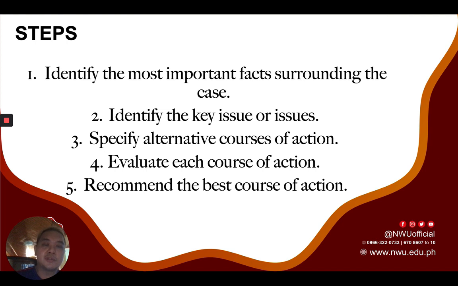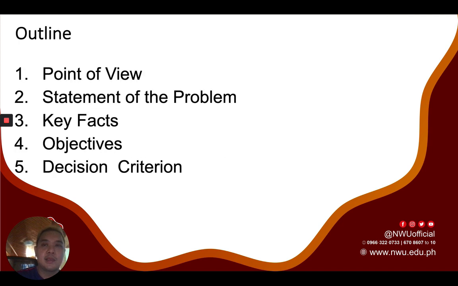Let's now go to the different parts of case analysis. There are typically 9 parts of your case study or case analysis. First one is the point of view. Second is a statement of the problem. The third is key facts surrounding the case.